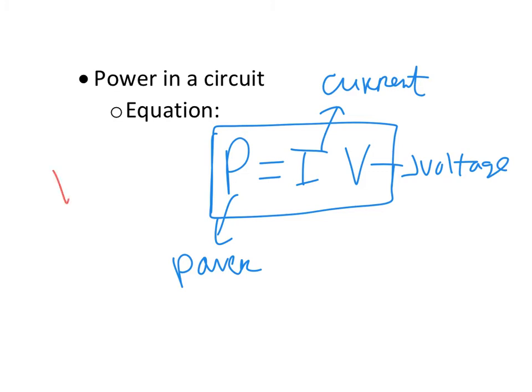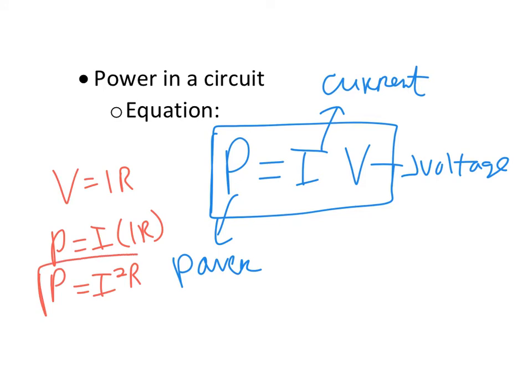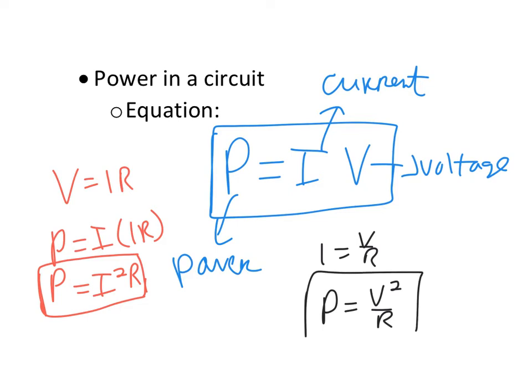Because of Ohm's law, which is V equals IR, power also equals I times IR, or I squared R. So you can also find power that way. You can make the substitution for I is V over R as well. So we know that I equals V over R, so power can also equal V squared over R. But this is the base one that I tend to go to.